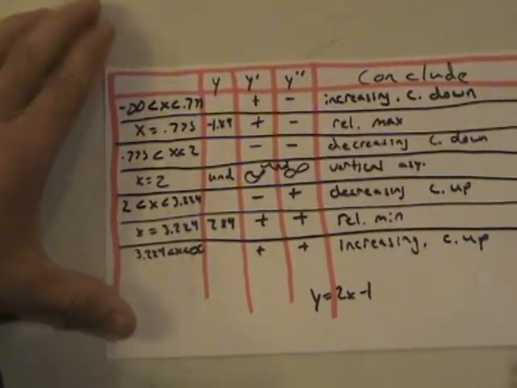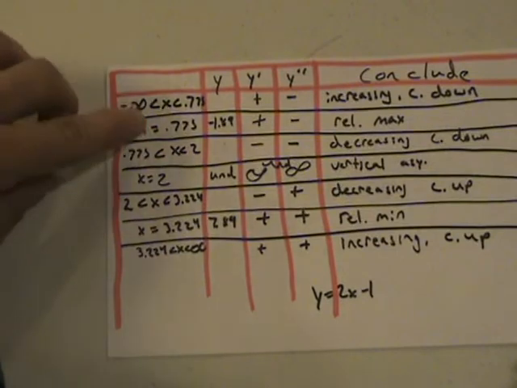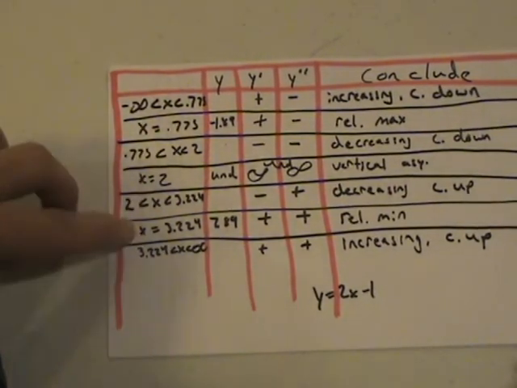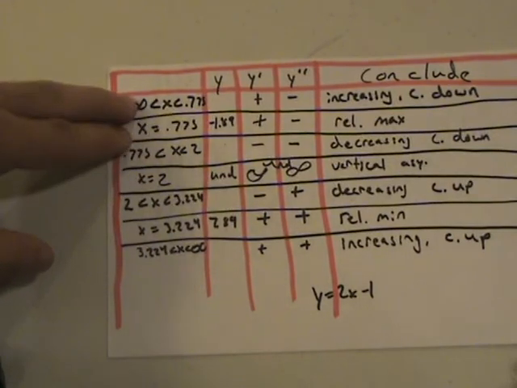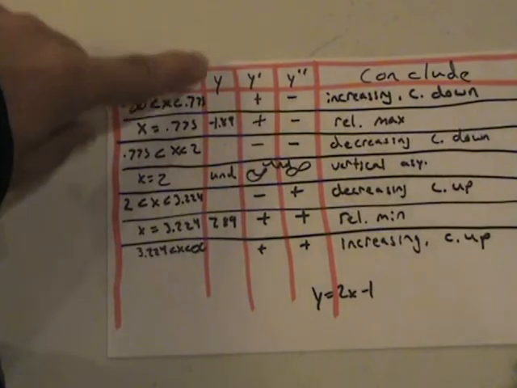So taking my points, I put them on here. A good way to put the points on is to look for the smallest point and put it in, skip 2, put the next one in, and skip 2, put the next one in, and then these are just in between all those, from negative infinity up to that point.